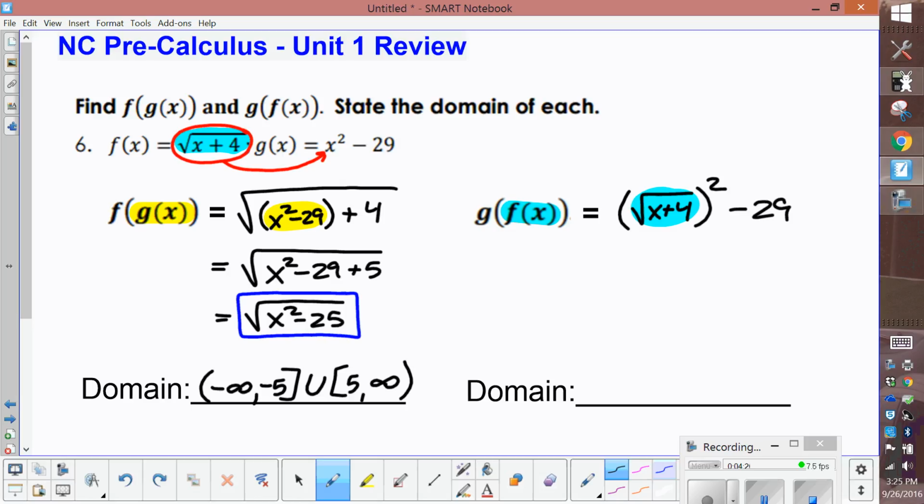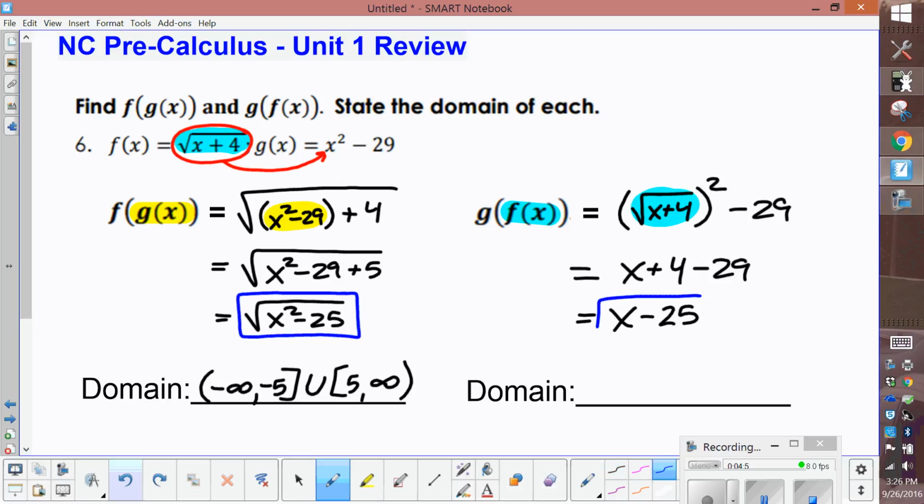Now, I can simplify this. When I square a square root, these cancel each other out, and I would just get x plus 4 minus 29. My final answer is going to be x minus 25.